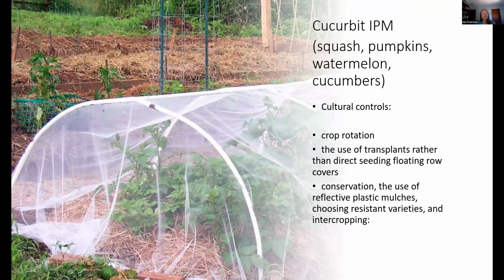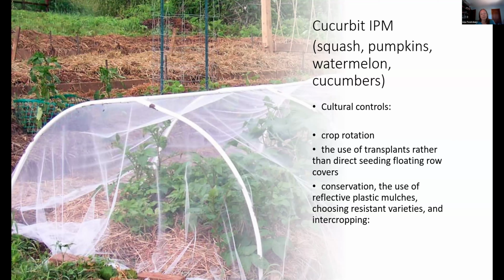So this, I just picked out cucurbits as a way to show that you can kind of use multiple ways of management, cultural controls like crop rotation, using transplants. Sometimes mulching can help. One of the big pests in cucurbits is the cucumber beetles.